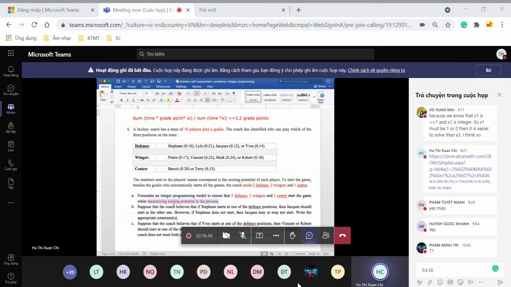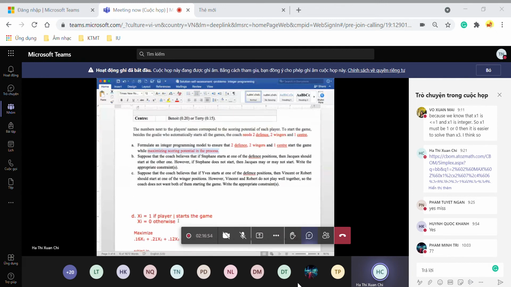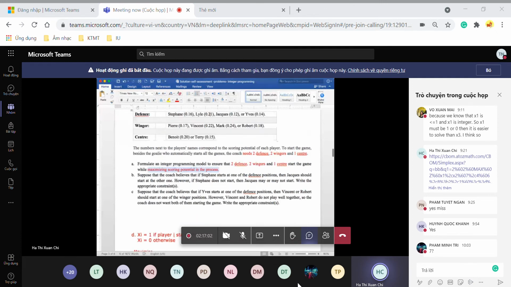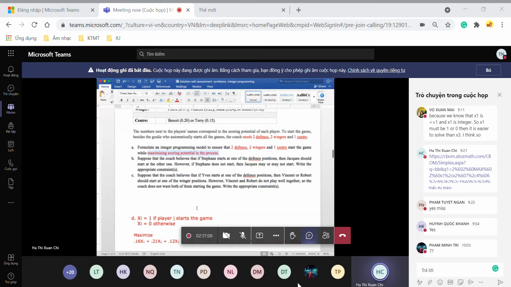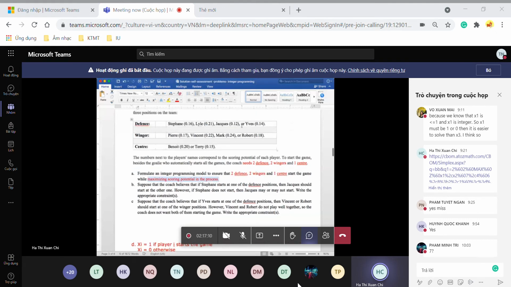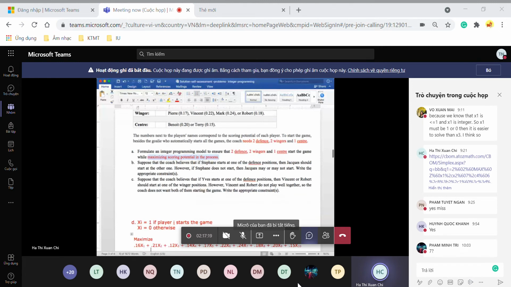Okay, so we want to maximize, right? Maximize the score. So we have the score here times x1, x2, x3, until x10. x1 is binary: if the player starts the game, it's 1; if they do not, it's 0.